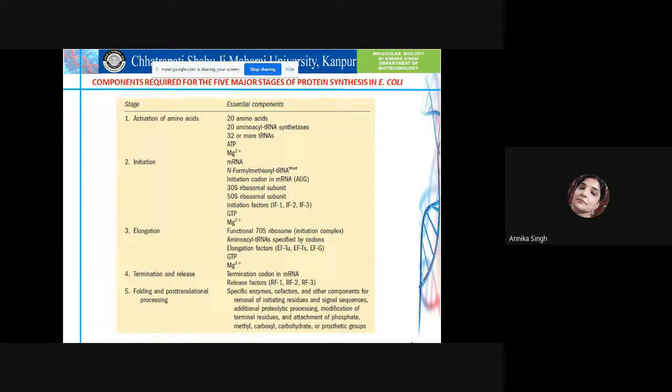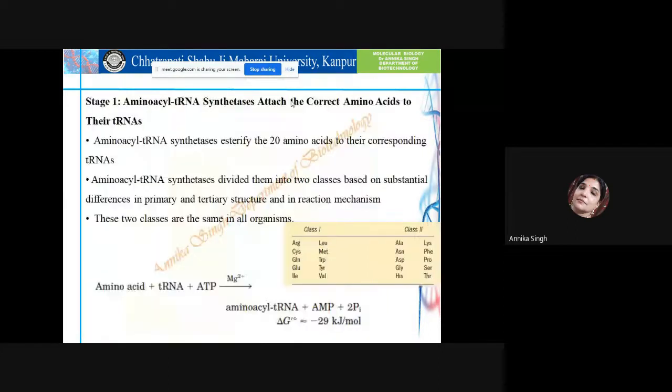So these are essential components required for the five major steps of protein synthesis in E. coli. So let's start with the first step, that is activation of amino acid.